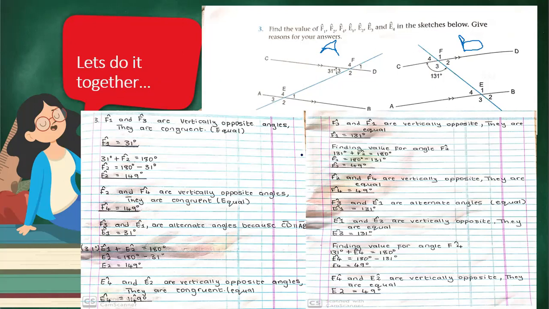Since we are done with our last activity, now you kind of have a clue of what is happening right here. And guys, there are a lot of possible reasons. As long as your reason makes sense and is valid, then it will be correct.